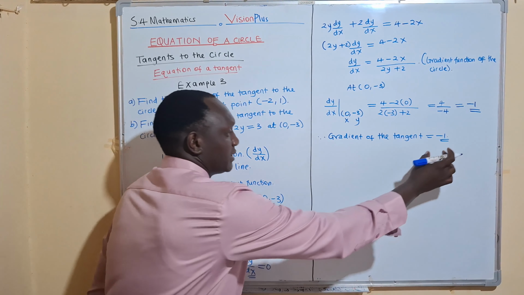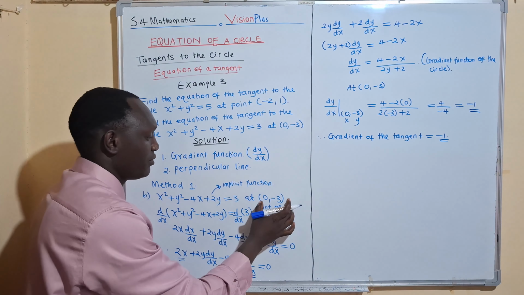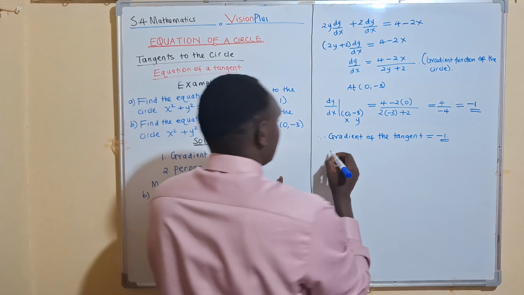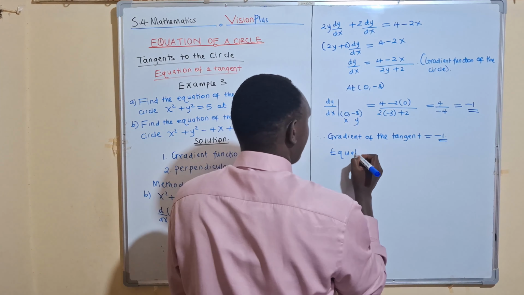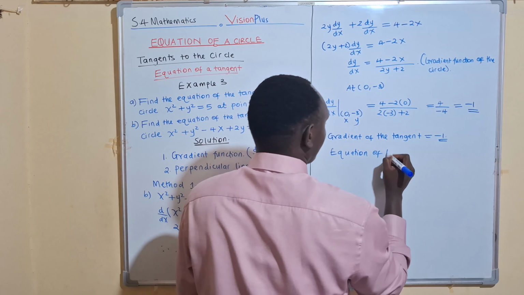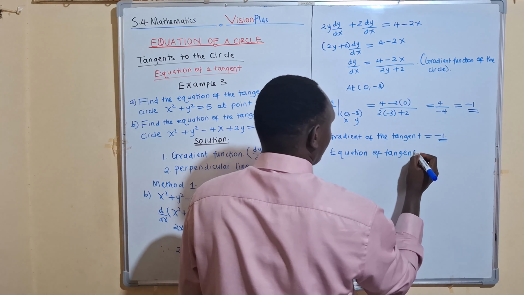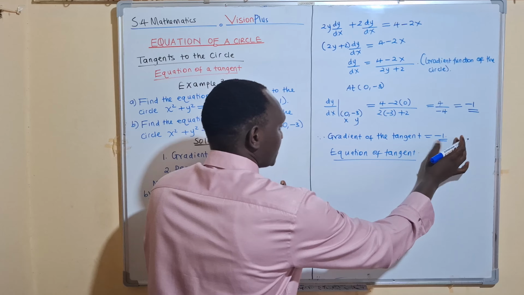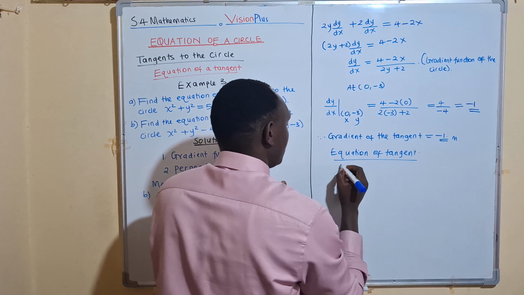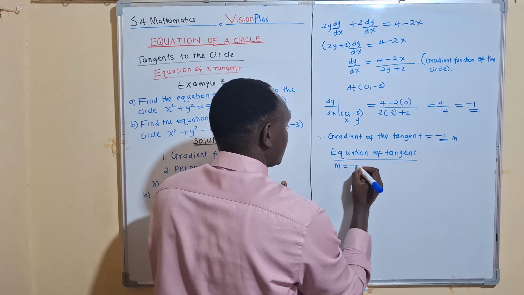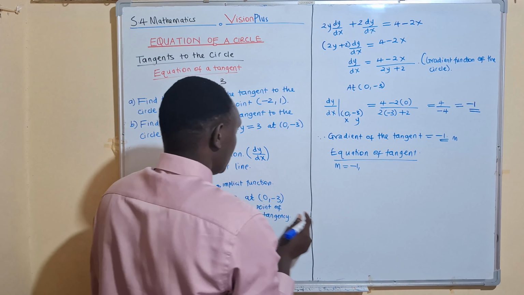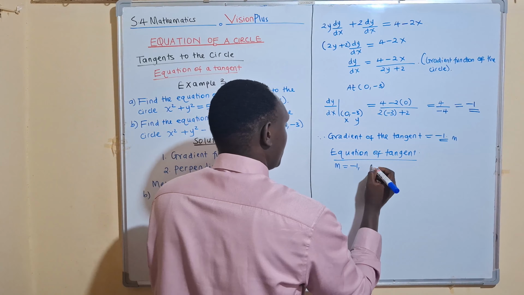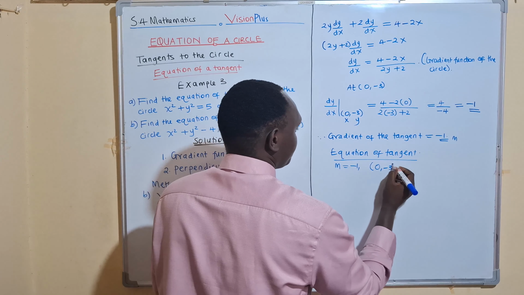Now we know the gradient of the tangent, n, as negative 1, and we know one point through which the tangent passes, the point of tangency, which is (0, -3).